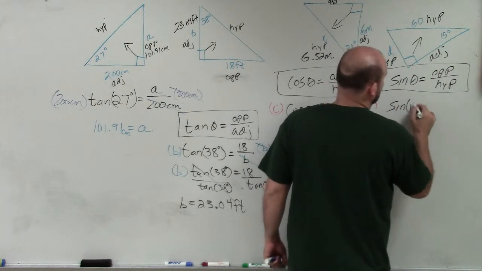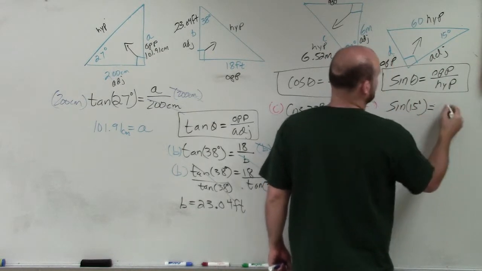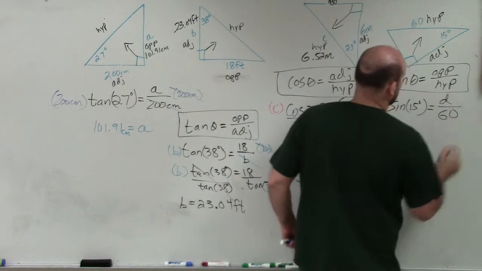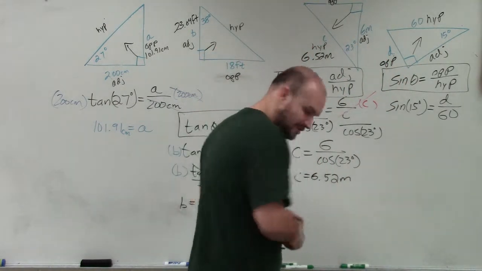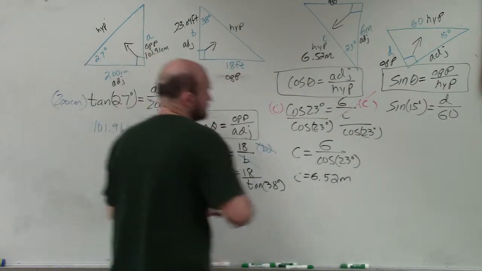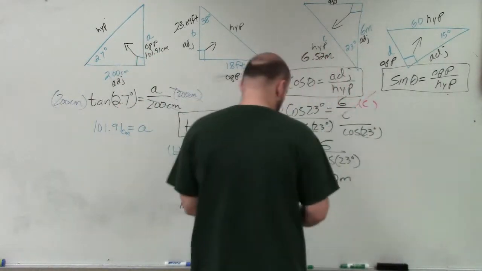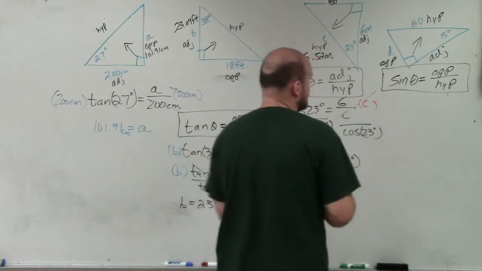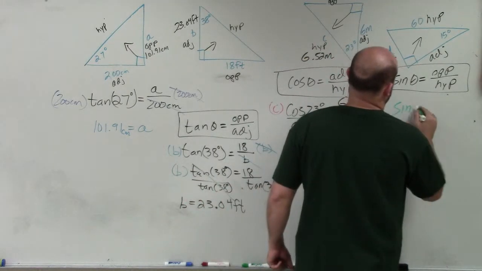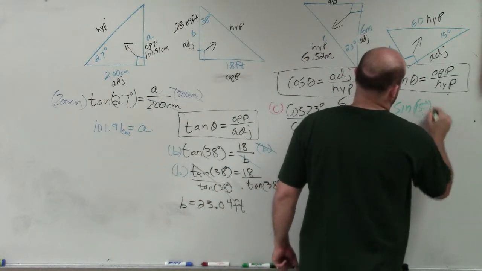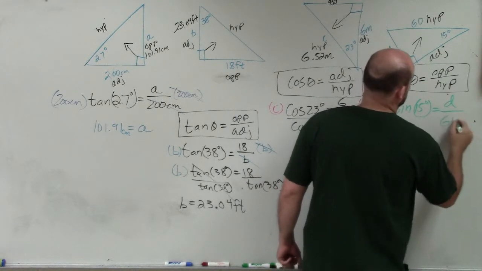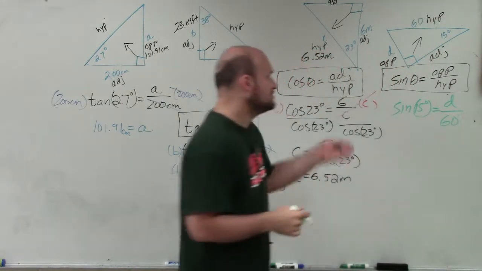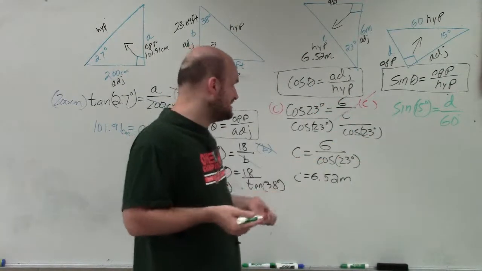So I do sine of 15 degrees equals d over 60. Now, again, to solve, I told myself I was not going to use the same color. Let's use green. So I have sine of 15 degrees equals opposite, which is d over 60. So now, to solve for d, I need to get 60 off the bottom.